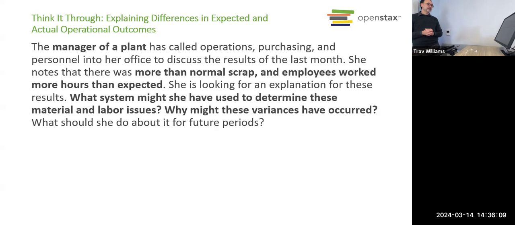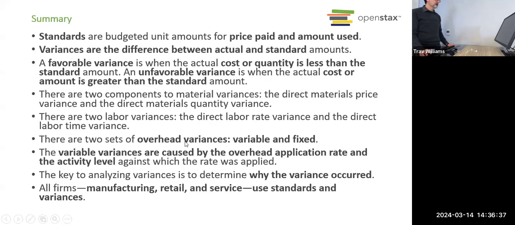Maybe it could be something like temperature issues. Okay. Yeah, exactly. Maybe we lost some of our more experienced employees. So all of those different factors could be the cause. And it would take a little bit of investigation within the organization to figure out what exactly was going on. All right, so let's summarize this chapter.